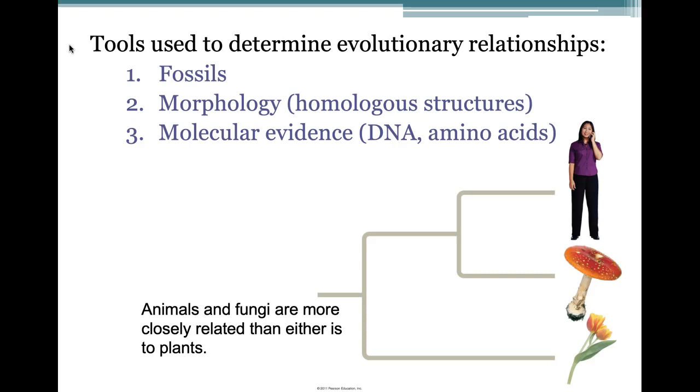The mushroom or fungus is a decomposer, which is a type of heterotroph, so it needs to consume something in order to obtain energy, and we eat and consume that way, so we are also heterotrophs. So for that reason, we are more closely related to the fungus than the fungus would be to the tulip or plant.